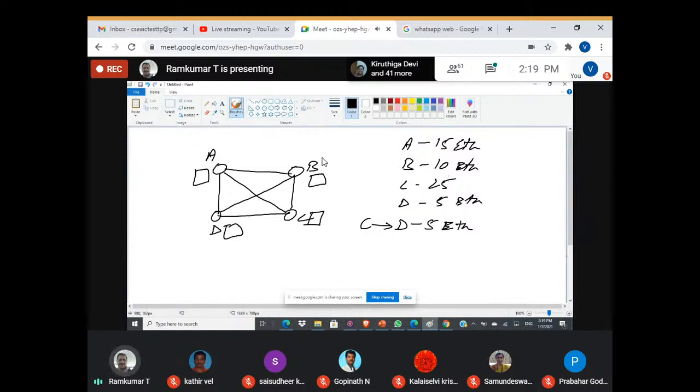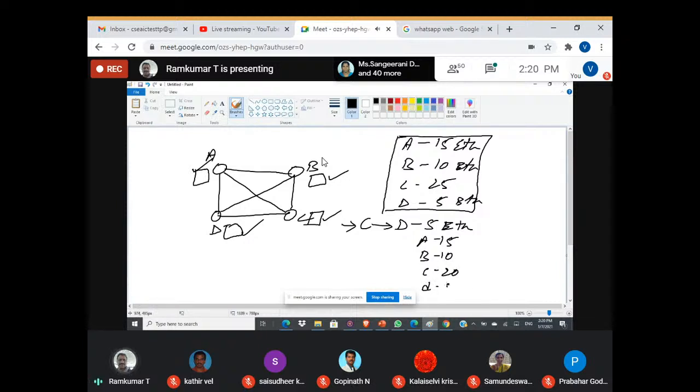Before that, this is my current state, which means the same data is held by A, B, C and D. Whenever this transaction is done successfully, the scenario is: A is 15 as usual, B is 10 as usual, C is 20 and D is 10. This is my current state.